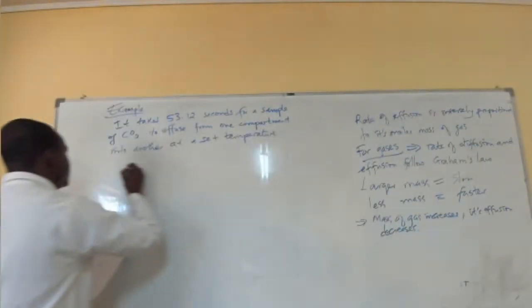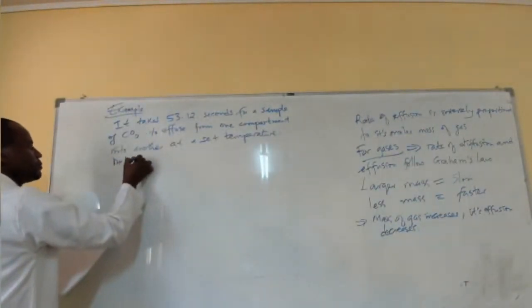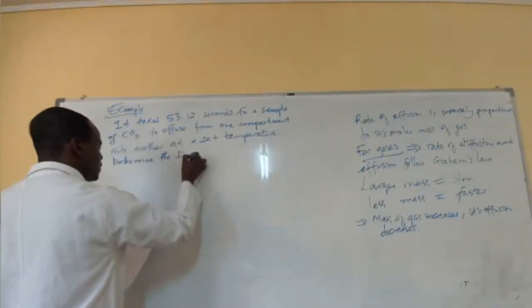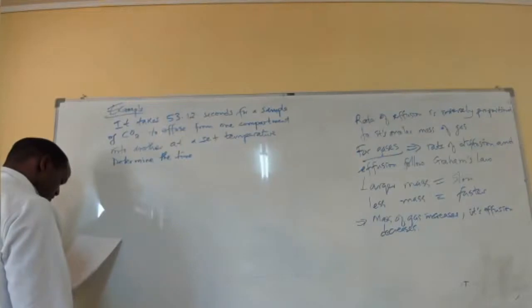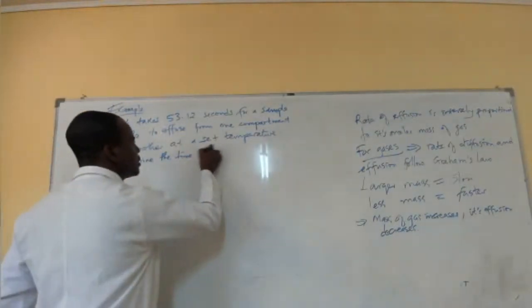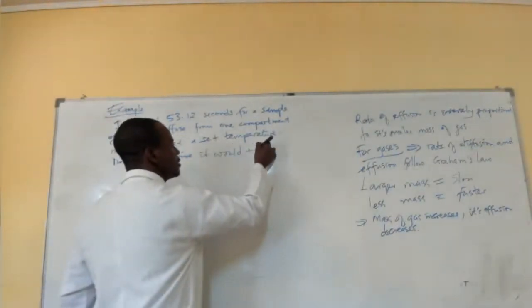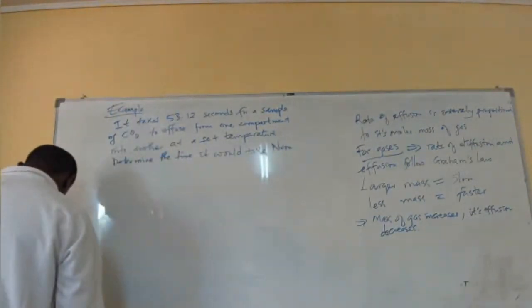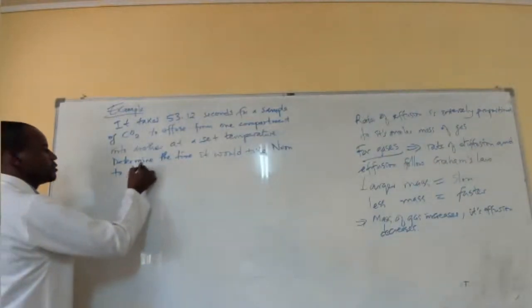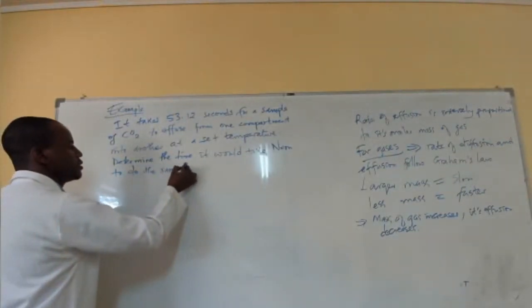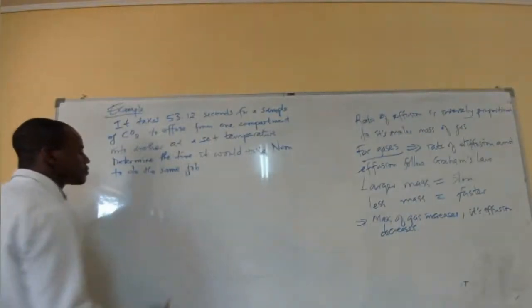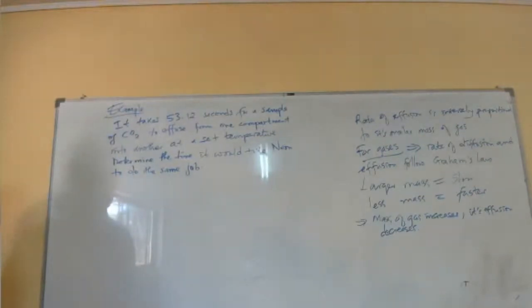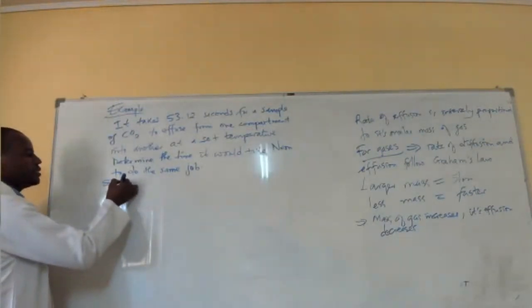So that is at a set temperature. Determine the time it would take neon to do the same job. So here what you have is carbon dioxide and neon.